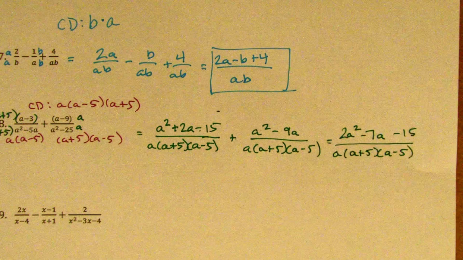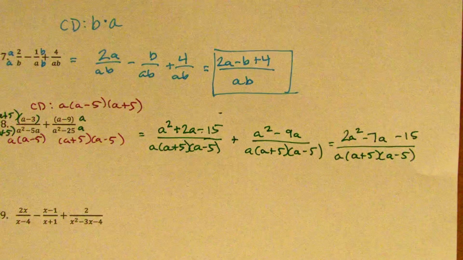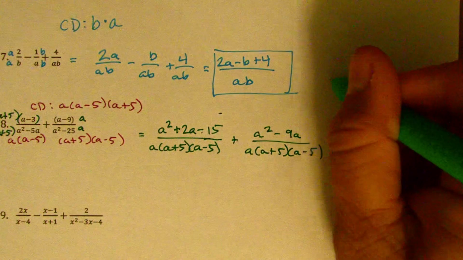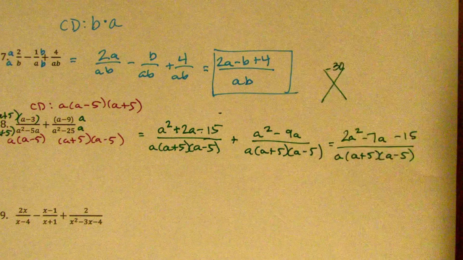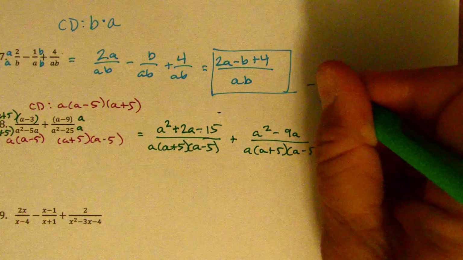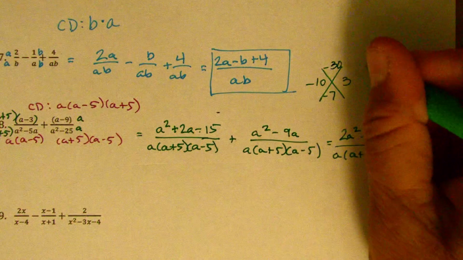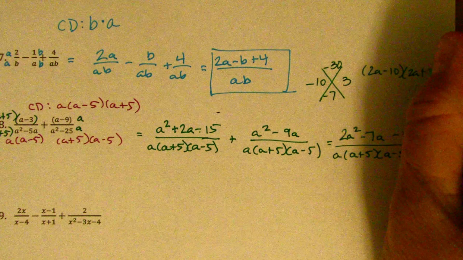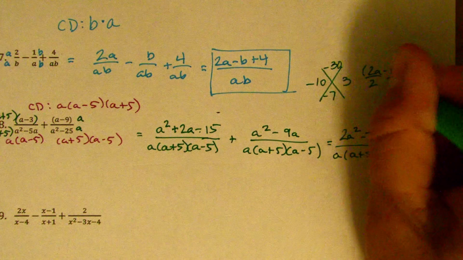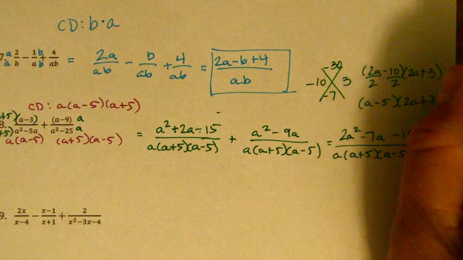And this is one of those cases where we can factor the top, and you might not notice right away, so you might just have to try it and see if it's factorable. 2 times negative 15 is negative 30, and negative 7, that gives me negative 10 and 3. Those multiply to negative 30 and add to negative 7. 2a minus 10 and 2a plus 3, and we have a minus 5 and 2a plus 3.